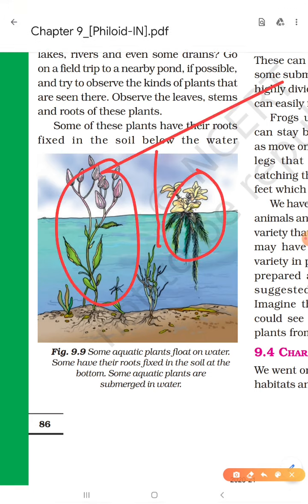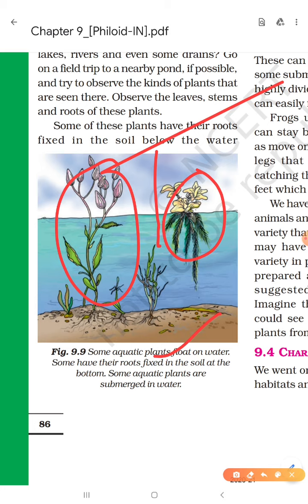These plants also grow in ponds, lakes, rivers, and even some drains. Some of these plants have their roots fixed in the soil below the water. In terrestrial plants, dear students, we know about terrestrial plants. We discussed plants in our previous chapter. The roots normally play a very important role in the absorption of nutrition and water from the soil.